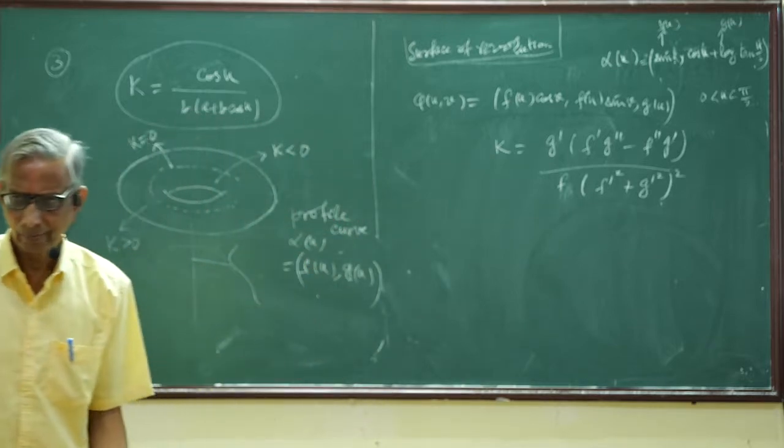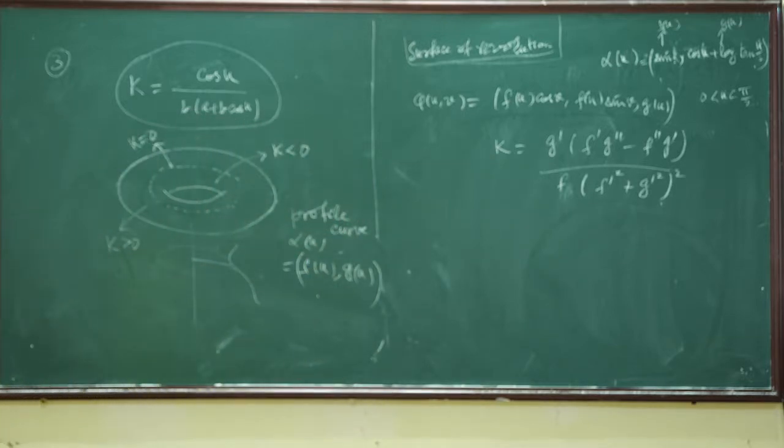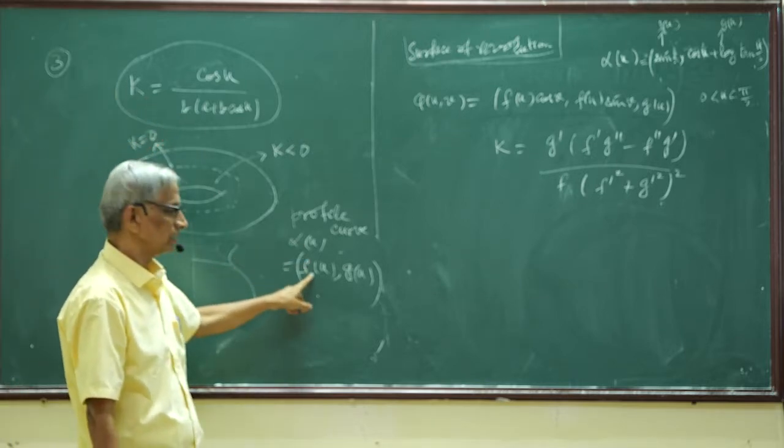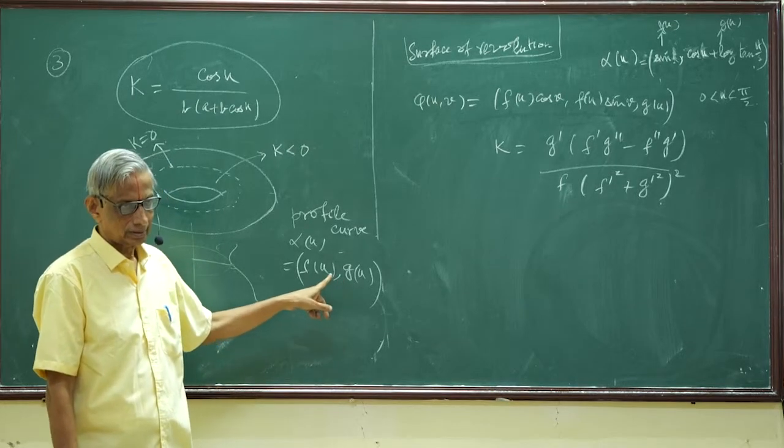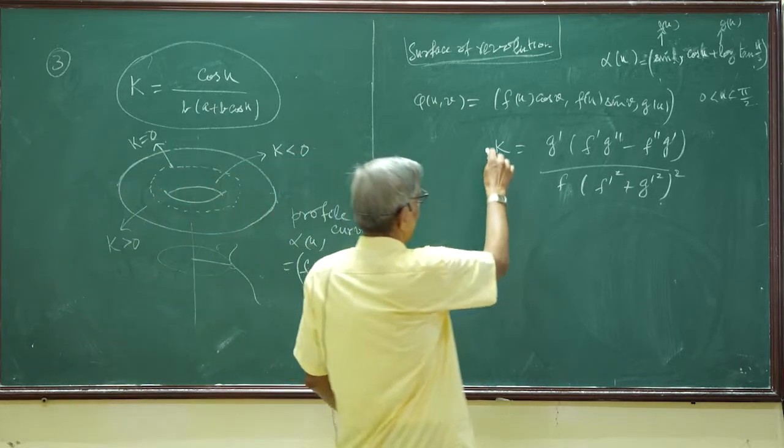So all these are examples of surfaces of revolution. But for a general surface of revolution, you can use the earlier formula and get a formula in terms of the functions which give you the profile curve. The formula reads like this.